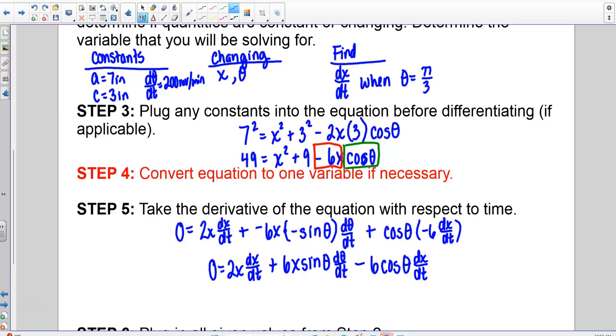In this case, I am trying to find dx/dt. So I've got 2 of them, but hopefully I'll be able to plug in some numbers so I can combine those later, right? So I'm trying to find dx/dt. That does not get replaced. I know theta is pi over 3, so I got a number to plug in there.